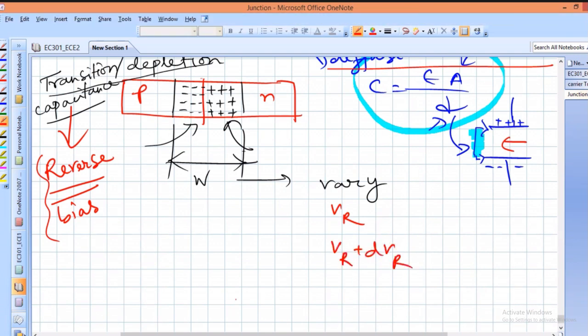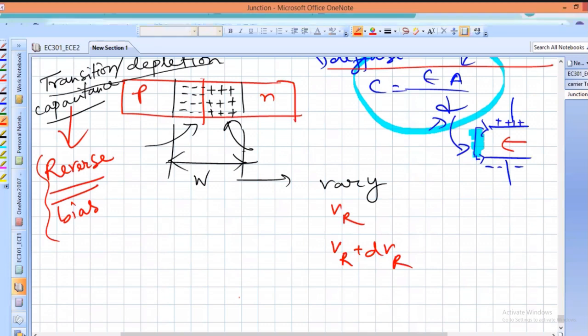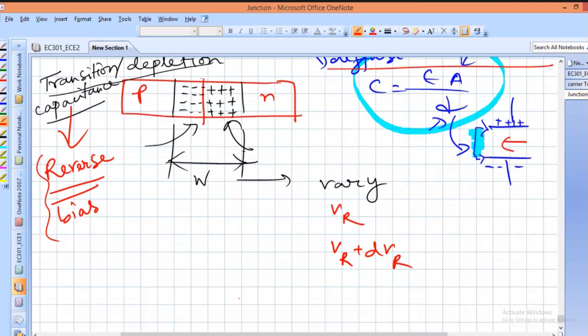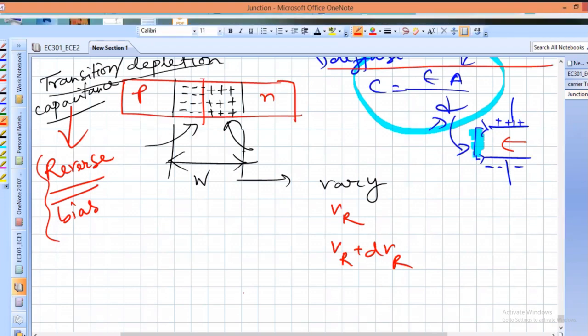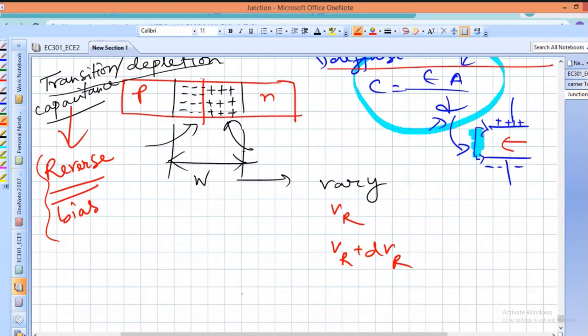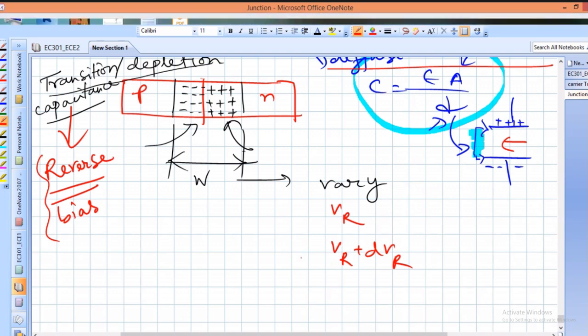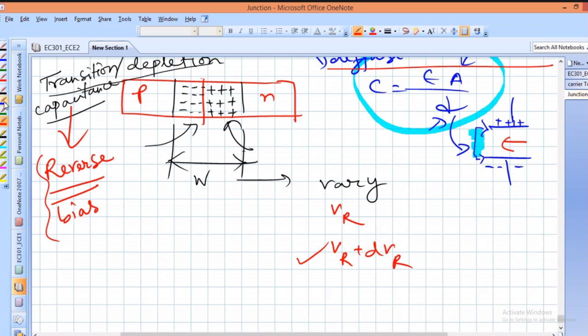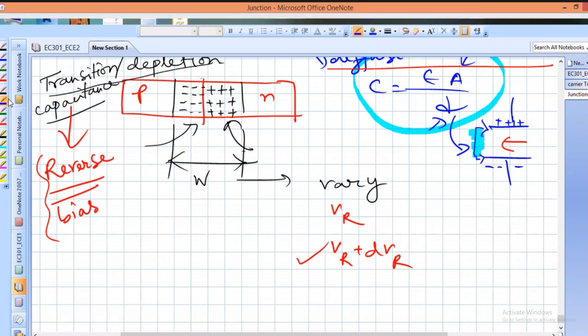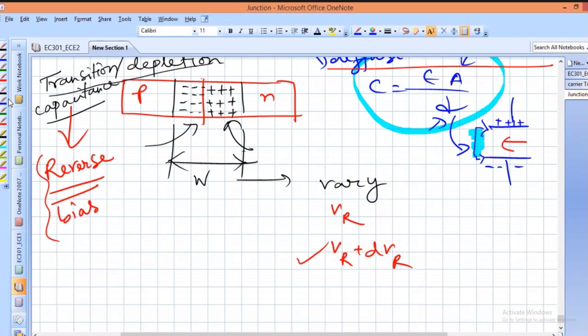So right now, the reverse bias voltage we apply here is VR plus dVr. So what we'll see: previously, whatever the depletion region width existed, due to the increase in the reverse bias voltage there will be an increase, with more uncovered positive or negative charge across the junction.